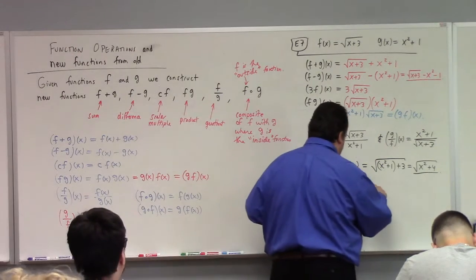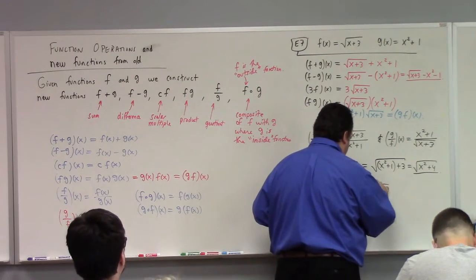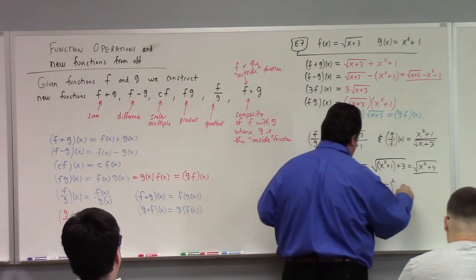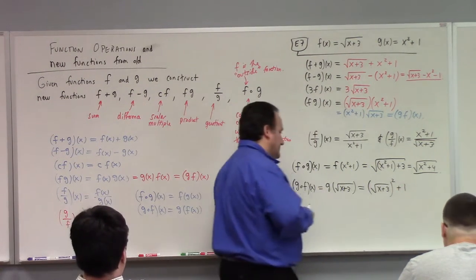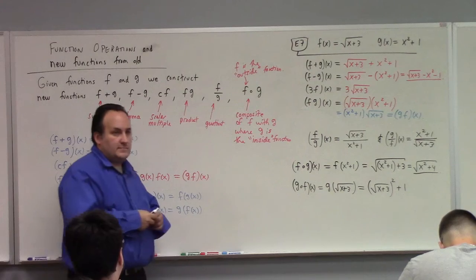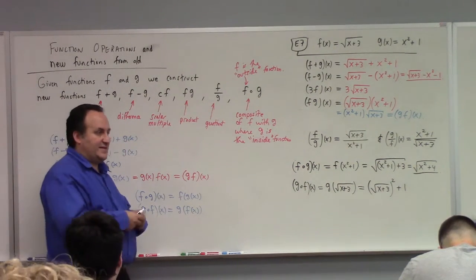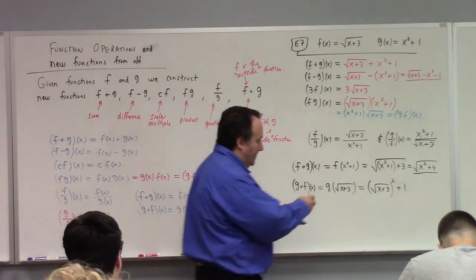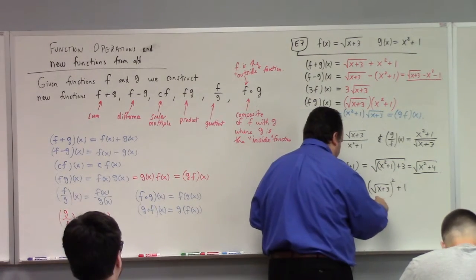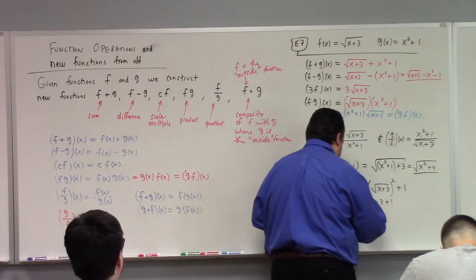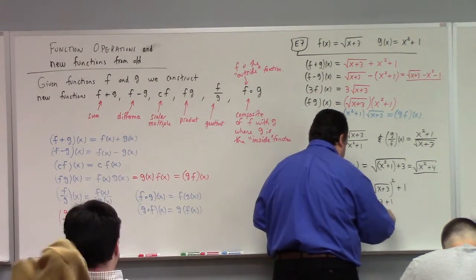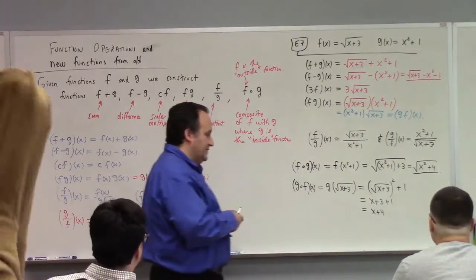So I take the square root of x plus 3, parentheses, I square that thing, I add 1. Now it just so happens that that simplifies, right? The square root of x plus 3 squared is just x plus 3, isn't it? So this is x plus 3 plus 1. So as it happens, the formula for g composed with f here is x plus 4.